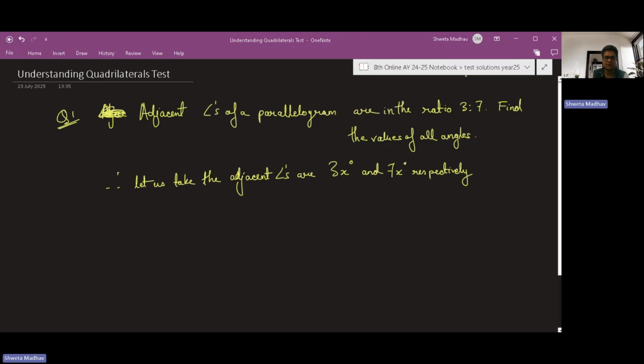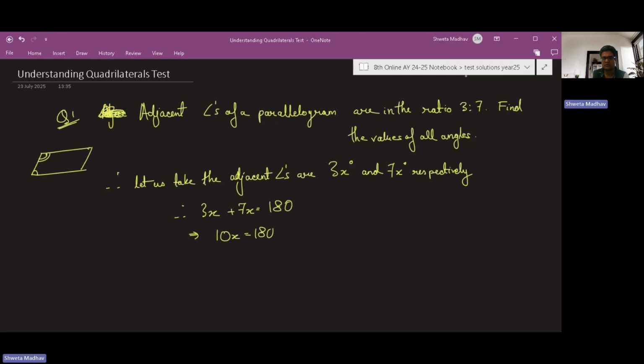We know that in a parallelogram, the sum of the adjacent angles is equal to 180 degrees. So 3x plus 7x equals 180. So 10x equals 180, and x will be equal to 180 divided by 10, that is 18. So x is equal to 18.